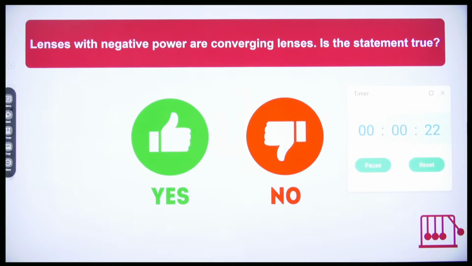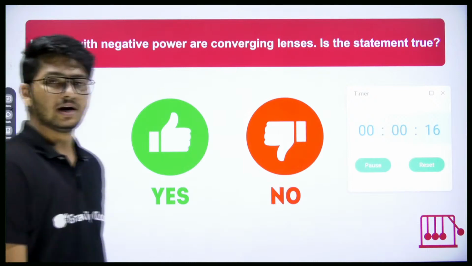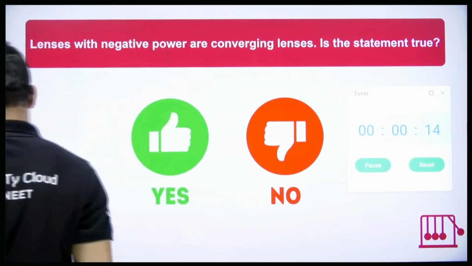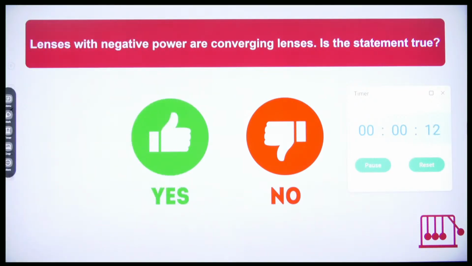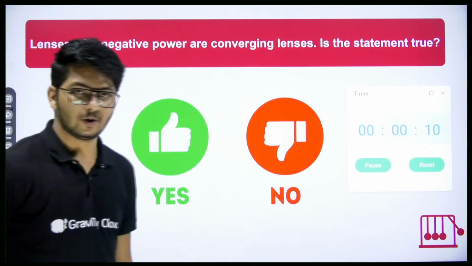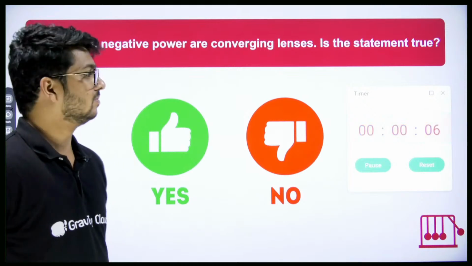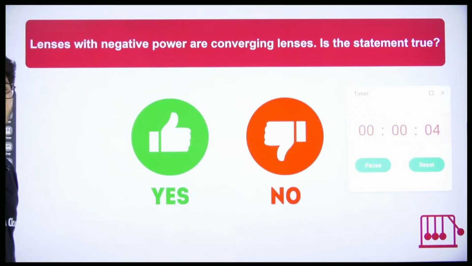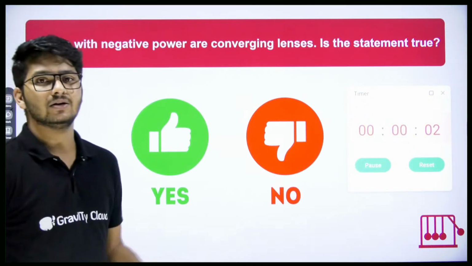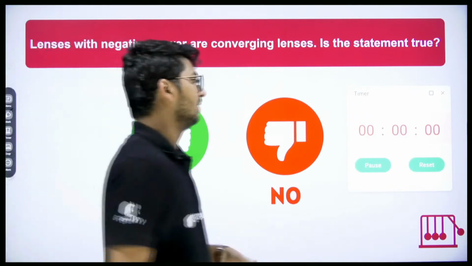Lenses with negative power are converging lenses. Think in terms of focal length. Ten seconds more. 5, 4, 3, 2, 1, and the time is up.